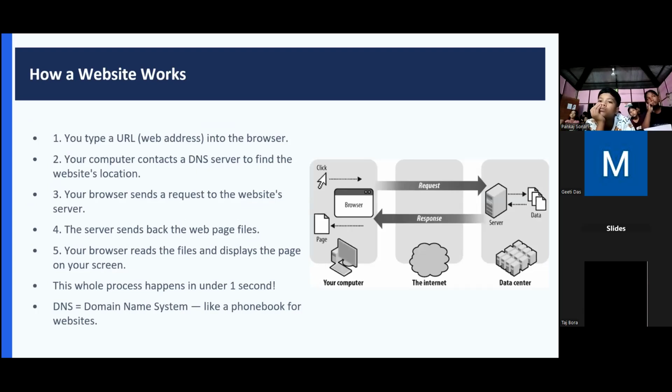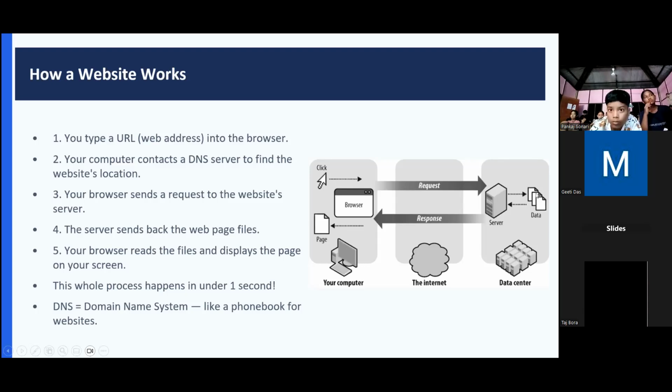Okay, so how a website works. So this is very important to know. So first you type a URL into the browser. So you'll have a browser like Google Chrome and then you type something into it. And what happens is your computer contacts a DNS server to find the website location. So that is this step right here. It's going towards a server. And then your server sends a request to the website server, and the server sends back the web page files. So then it'll look for the data inside for the website.